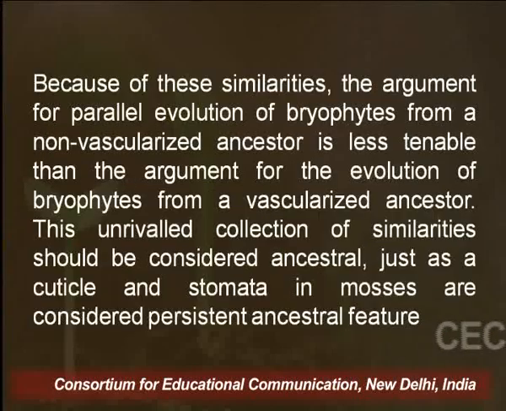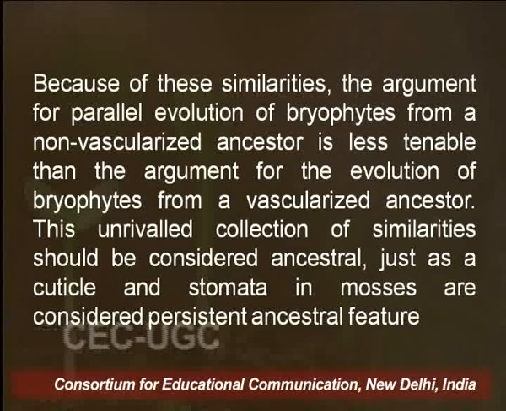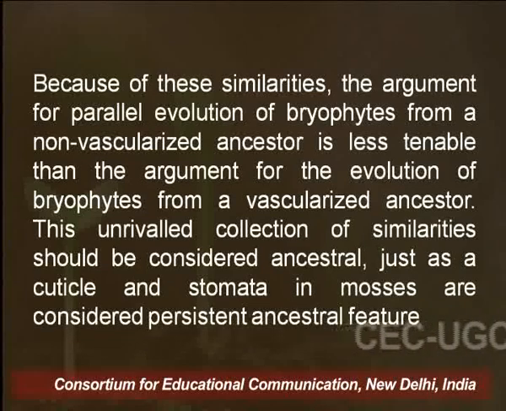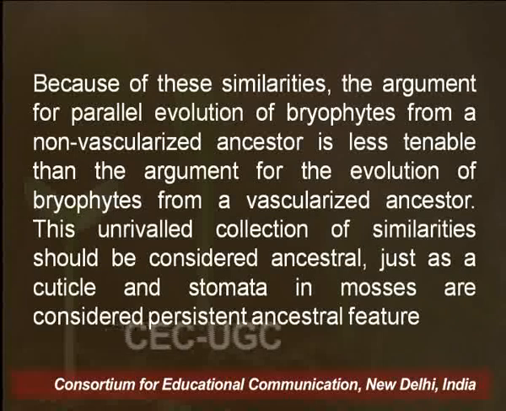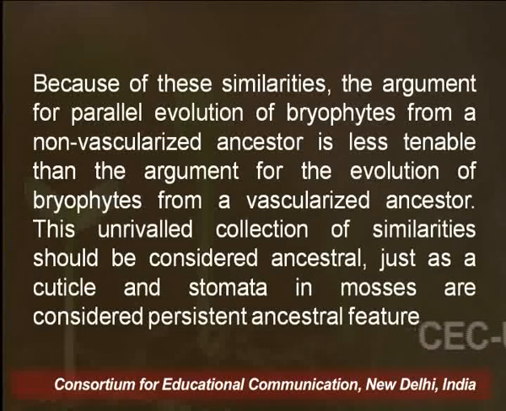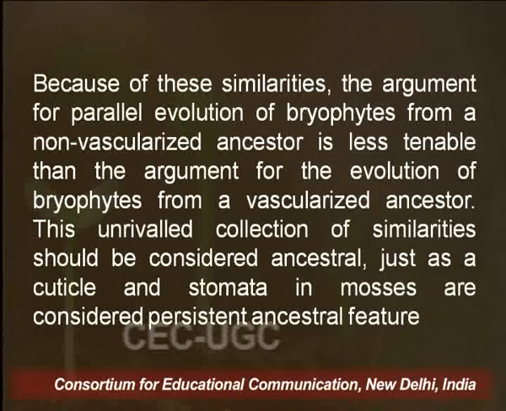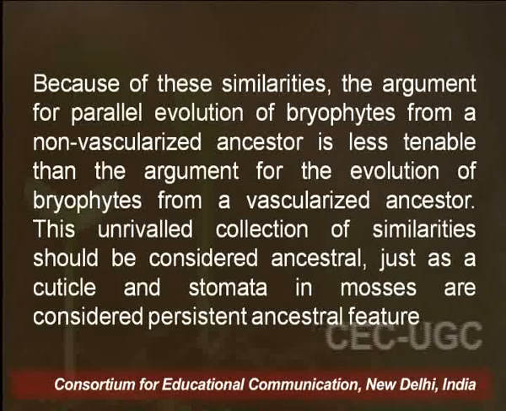Because of these similarities, the argument of parallel evolution of bryophytes from a non-vascularized ancestor is less tenable than the argument for the evolution of bryophytes from a vascularized ancestor. This collection of similarities should be considered ancestral, just as a cuticle and stomata in mosses are considered persistent ancestral features.